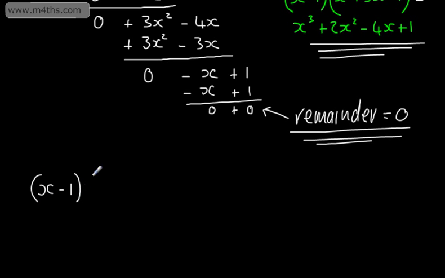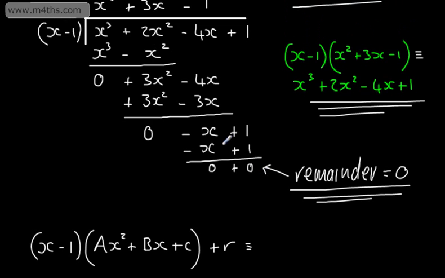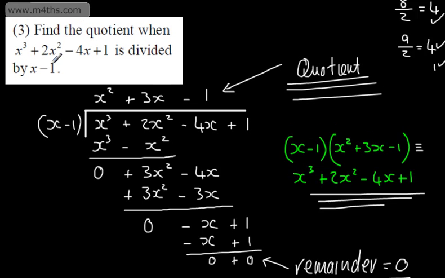And if I multiply that by some quadratic factor, ax squared plus bx plus c, and potentially, and I'm going to put this in to begin with, plus some remainder, this will give us the cubic expression that we have in the question.